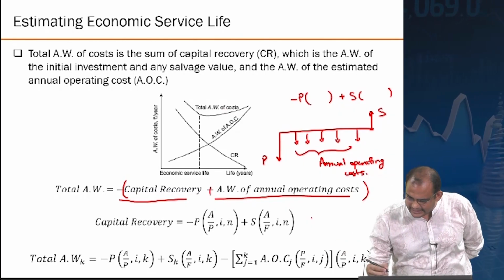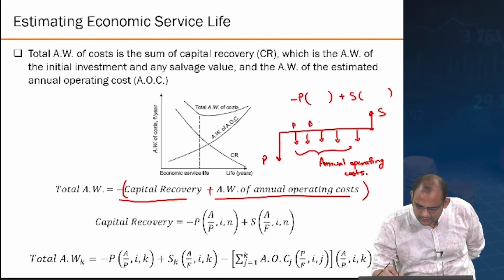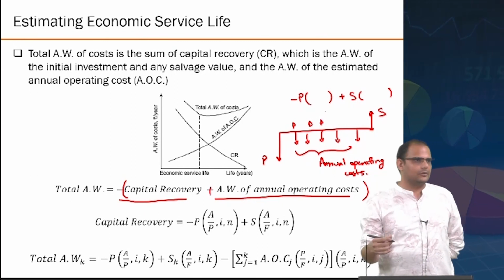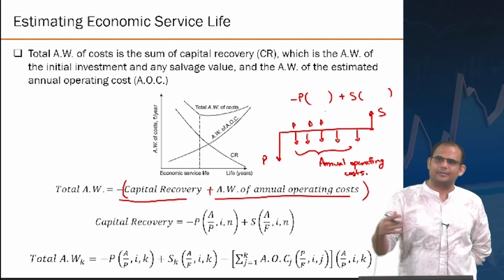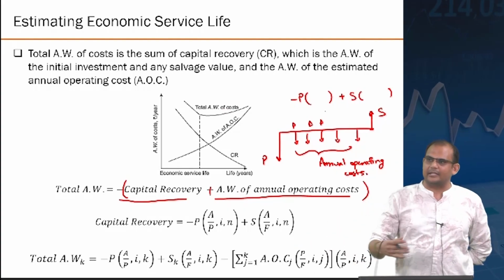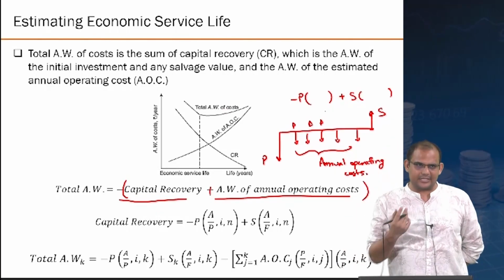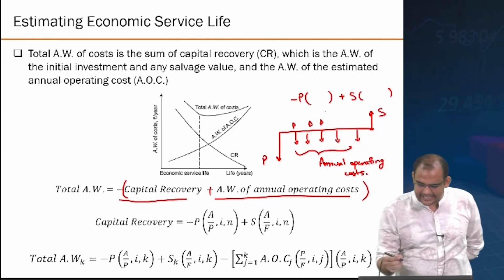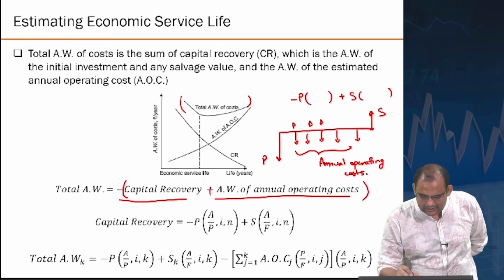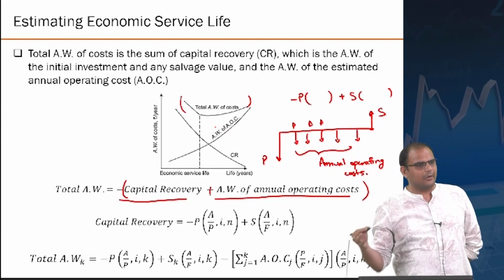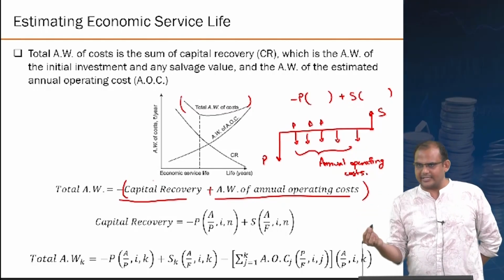In the previous cases, we saw that annual operating costs were defined as equal, but they could be non-equal as well. And in reality, they will be non-equal, because as the machine grows older, you can expect that it would demand more and more maintenance charges and operating costs, and so on, right? That's precisely why you have a trend of total cost like this: the annual worth of only the operating cost keeps on increasing as n increases, because in general that's the expectation.